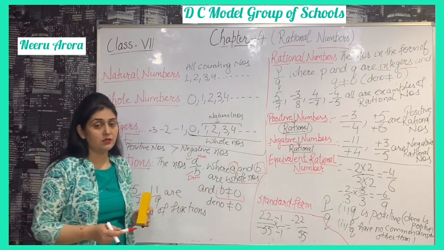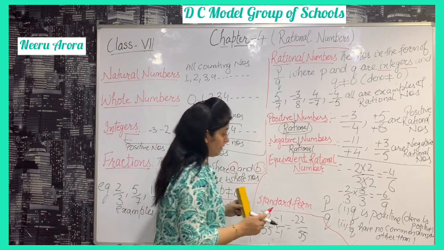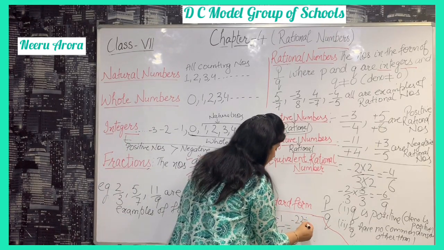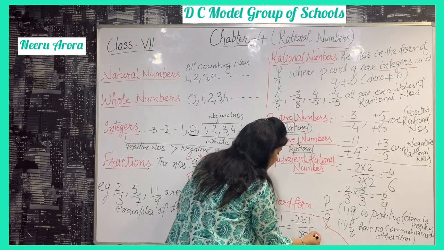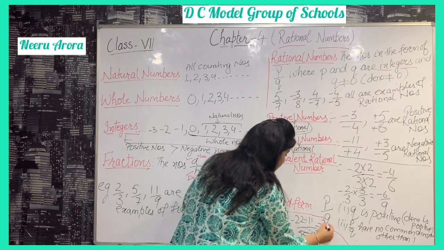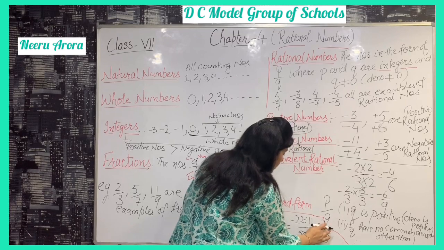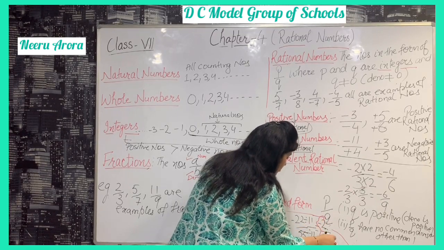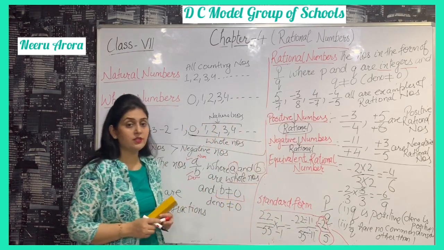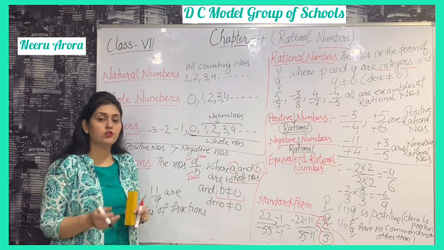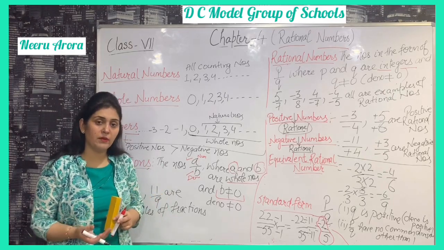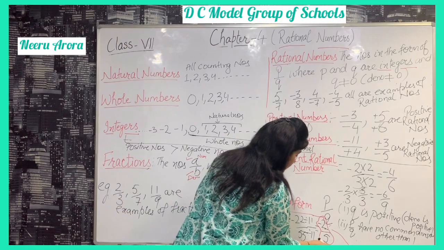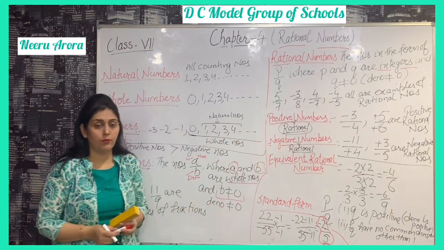Then we divide both numerator and denominator by 11, so we get minus 2 by 5, which is the standard form. In minus 2 by 5, there is no common divisor other than 1 and the denominator is positive.